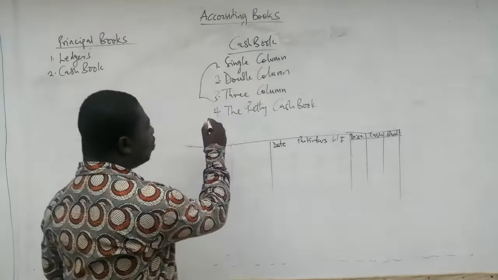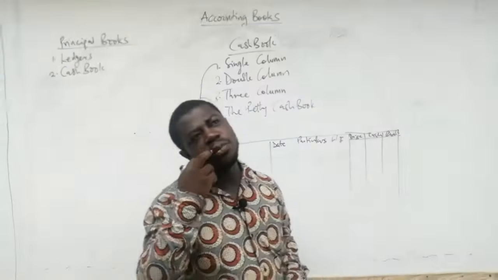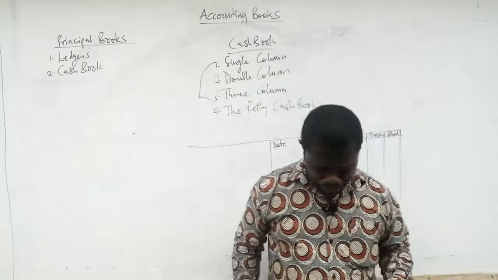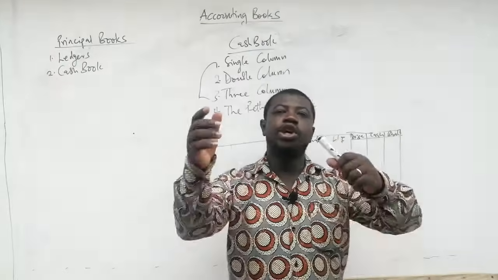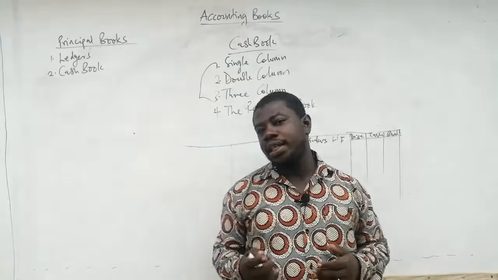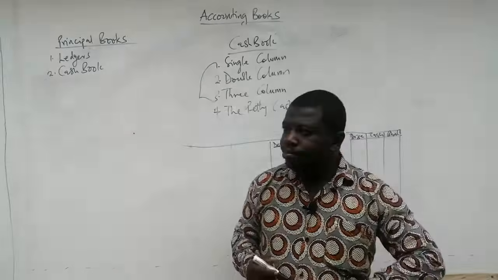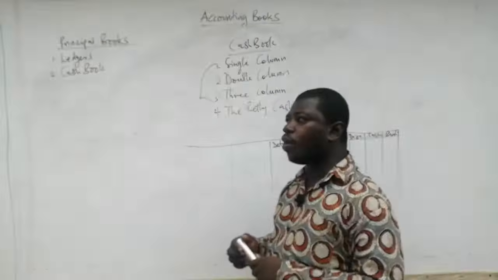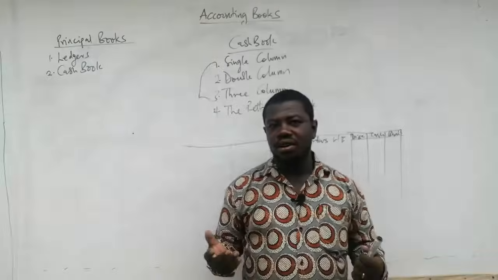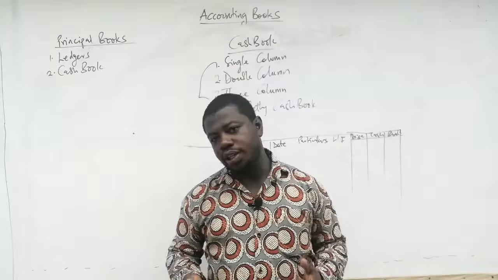All right, when we get to the petty cash book, the petty cash book is not used by every organization. It depends on the type of organization. Now, we know that there are some organizations that have very huge cash flows, and so their inflows and outflows of cash are always in millions of cedis or dollars or whatever.